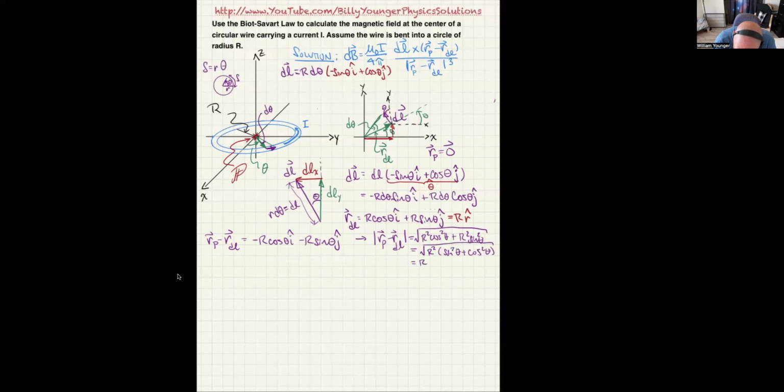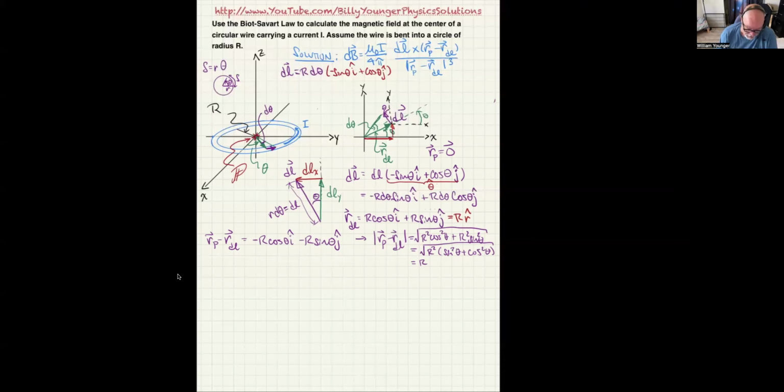Therefore, we just get R. So that's what the magnitude of R_P minus R dl is. And now we've gotten all the vectors we need, and we can go about computing exactly what the magnitude of the magnetic field is, as well as the direction.